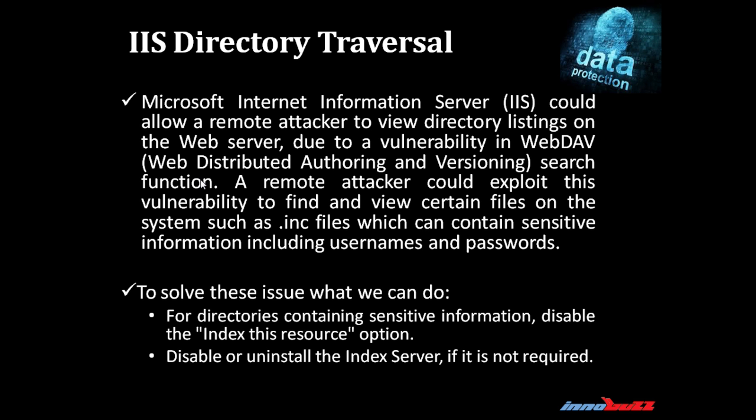To solve this issue, for directories containing sensitive information, we can disable the Index this resource option, or we could disable or uninstall the Index Server if it is not required.